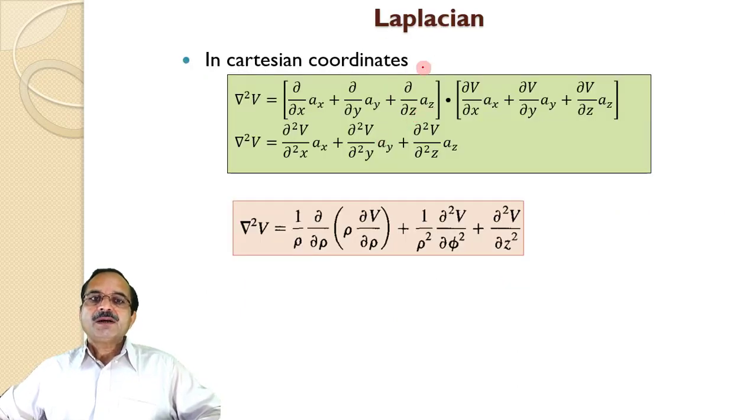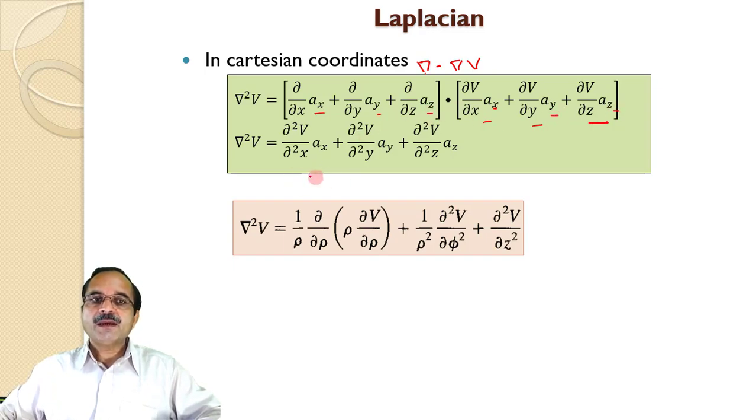So in Cartesian coordinates, if I evaluate Laplacian, we know it is divergence of gradient of V. So gradient of V means rate of change of V, x component, rate of change of V, y component, and rate of change of V, z component. So taking dot product with the del operator, here ax dot ax is 1, ay dot ay is 1, and az dot az is 1.